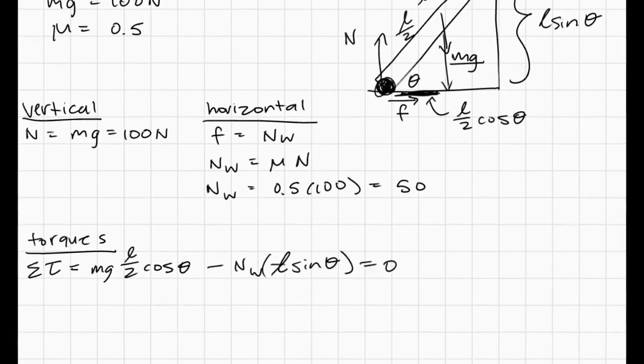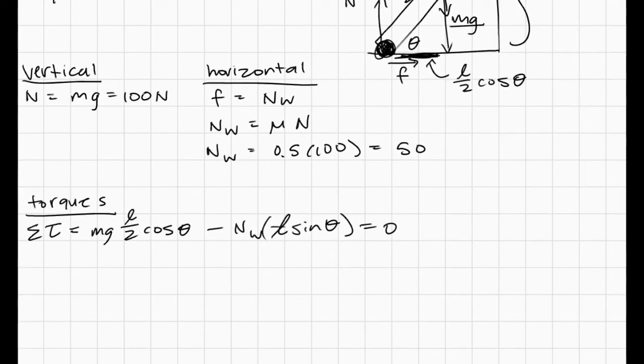So now we can start plugging in our values and solving for this. We have that mg equals 100, and we can cancel out the L's. So 100 over 2 cosine theta minus 50 sine theta equals 0.